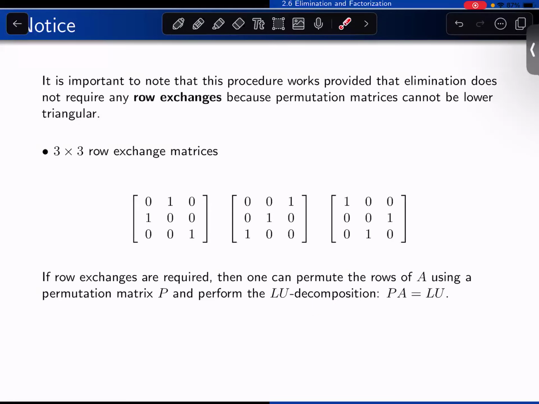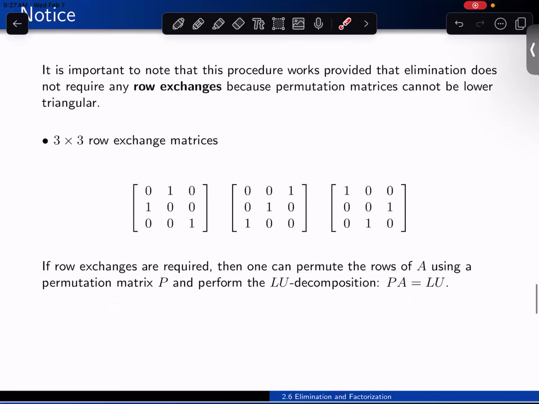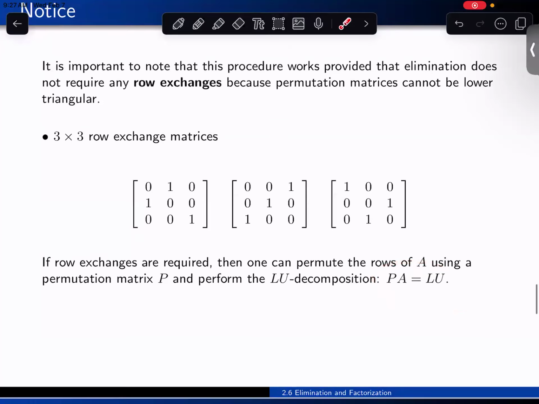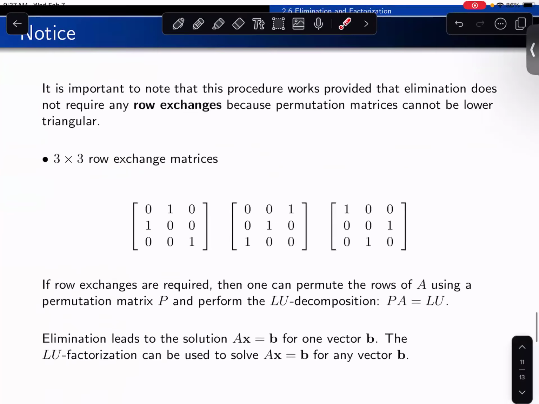If we end up having a 0 in the pivot, we can permute the rows of A using a permutation matrix and then perform LU decomposition. So really, you're performing LU decomposition on the matrix P times A and not A itself. We'll see an example of this, not in the next example, but in section 2.7, where you have to use permutation matrices and then apply the LU decomposition. So it's just something to keep in mind.